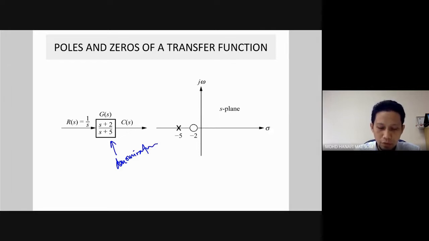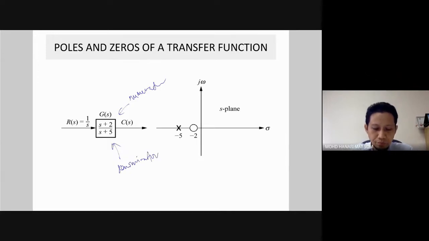The numerator is called the zeros: s plus 2 over here is the zero. The s plus 5 over here is the pole of the transfer function. So numerator is zeros, denominator is poles.